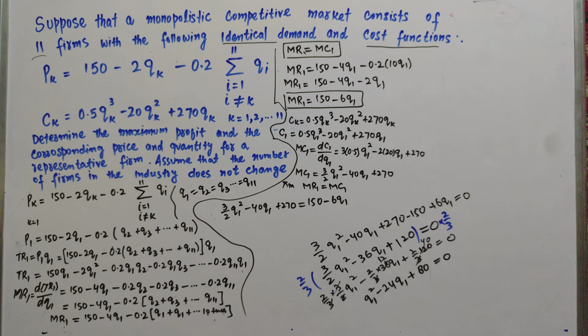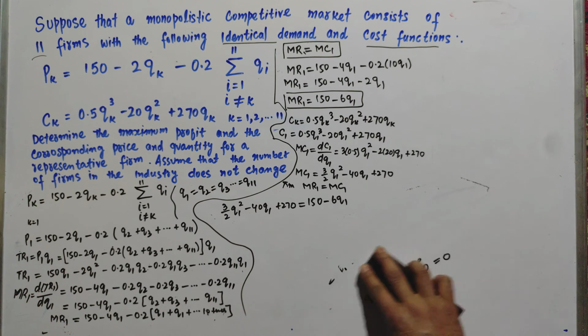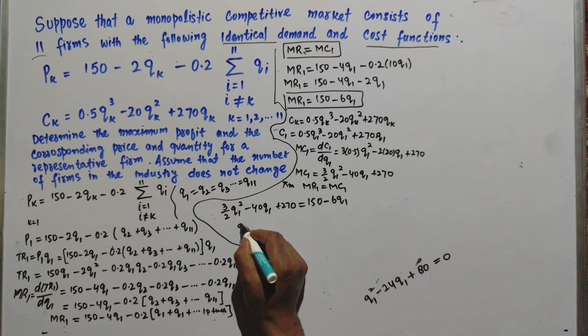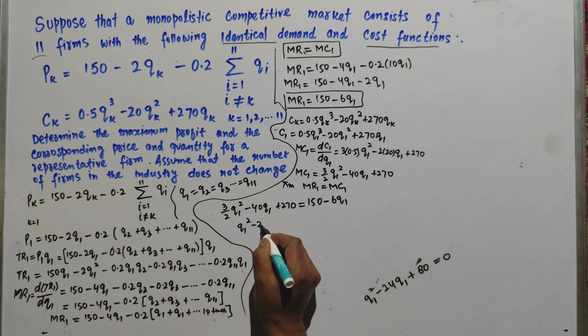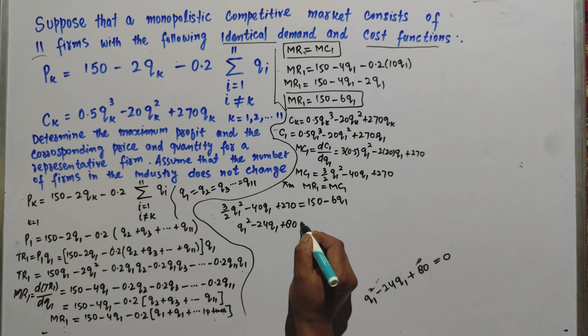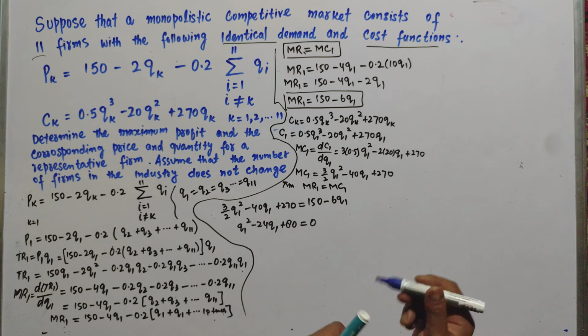So this became a standard quadratic equation, q1 square minus 24 q1 plus 80 is equal to 0. Since this is a quadratic equation, we can use the factorization method.